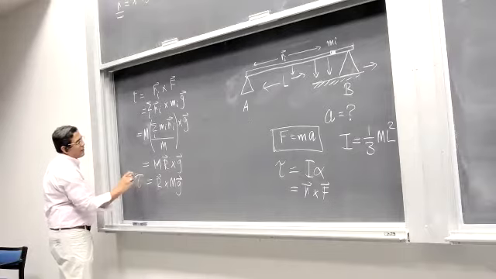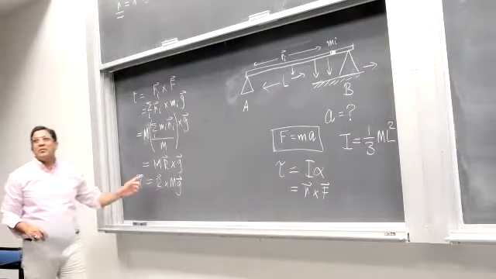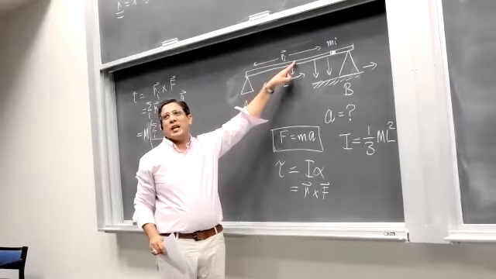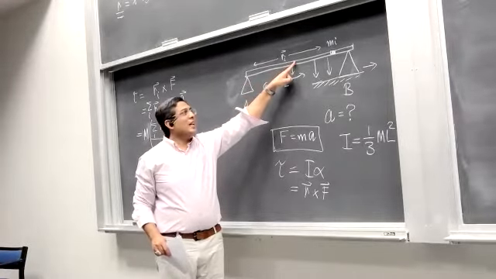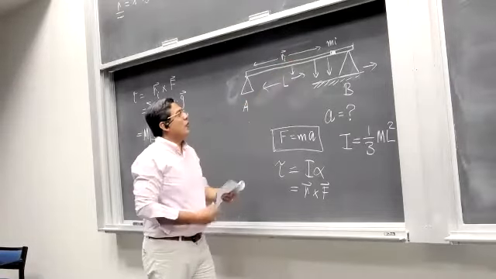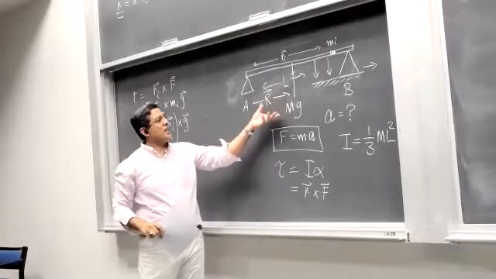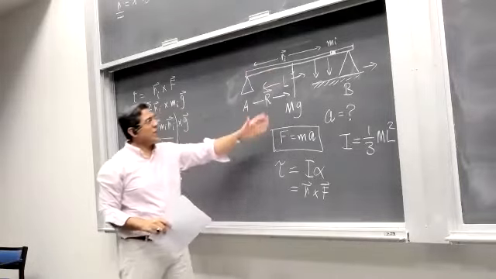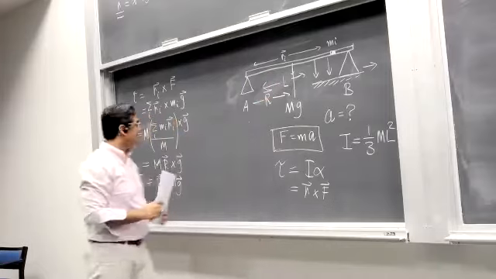So you can think of this as if all the mass of this rod is concentrated in its center of mass, and the gravity is acting at that point. When you take the force mg acting on the center of mass, whatever torque you get would be the torque of the whole rod due to the gravitational force everywhere.